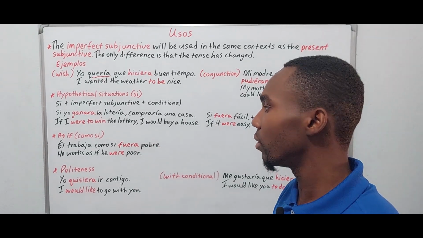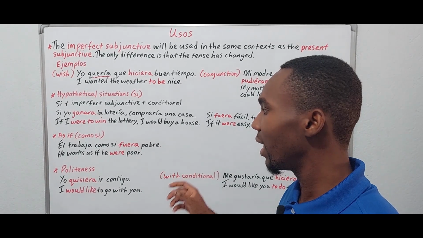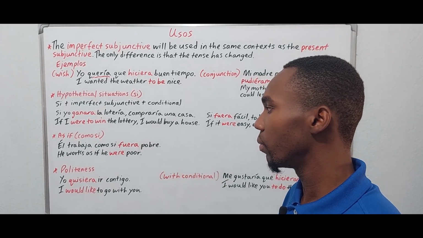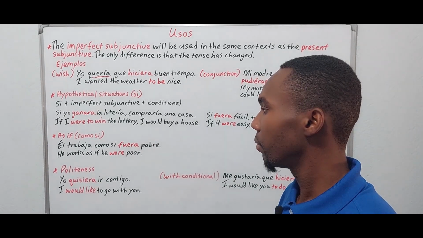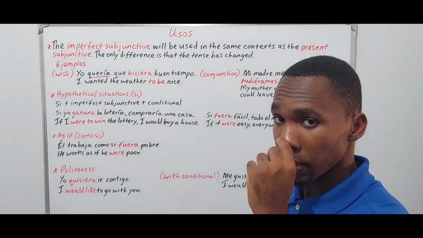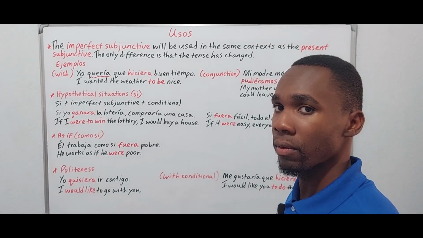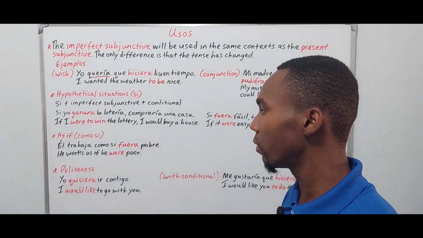And the last context is going to be politeness. Yo quisiera ir contigo. I would like to go with you. So quisiera, right, that would be the imperfect subjunctive of the verb querer. So yo quisiera ir contigo.